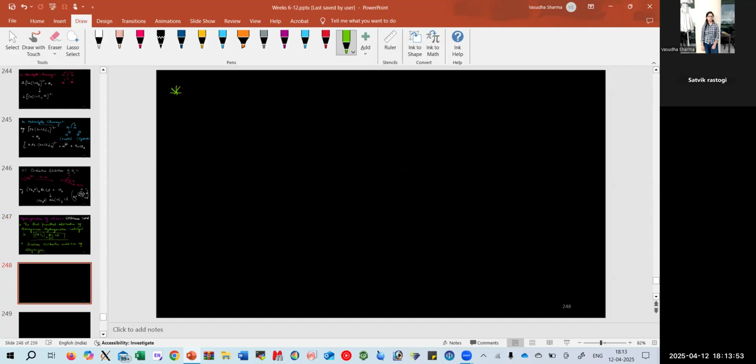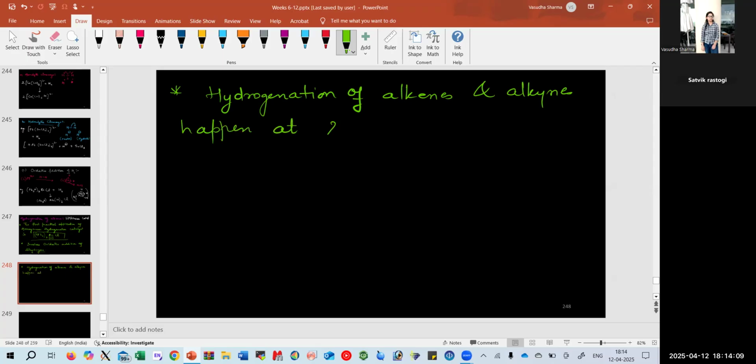Another feature is hydrogenation of alkenes and alkynes. They happen at 25 degrees Celsius, which is room temperature, and at standard pressure. So it does not require any harsh reaction parameters.